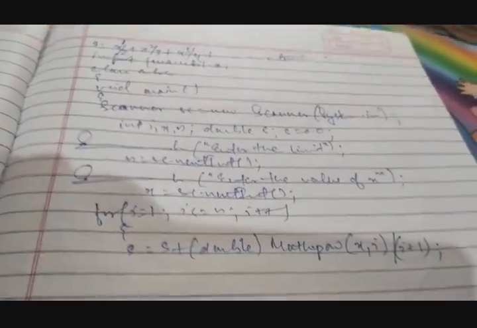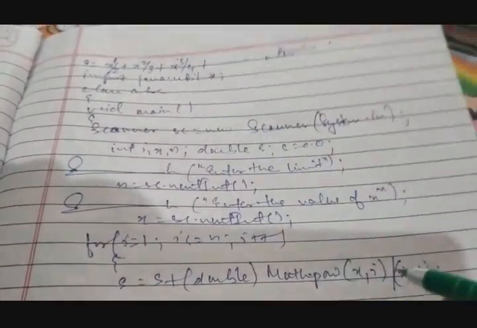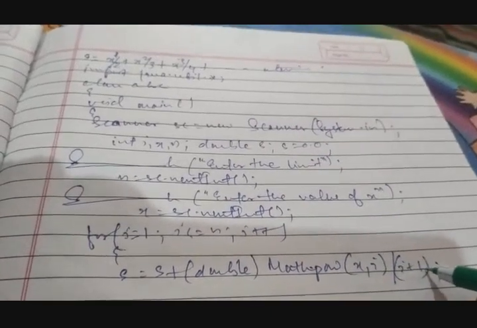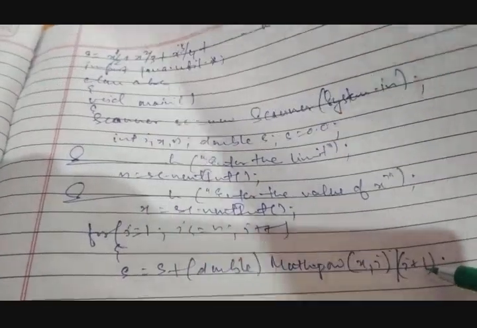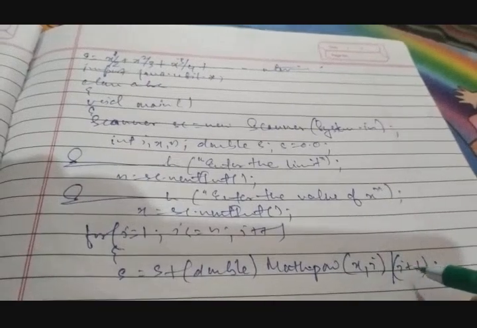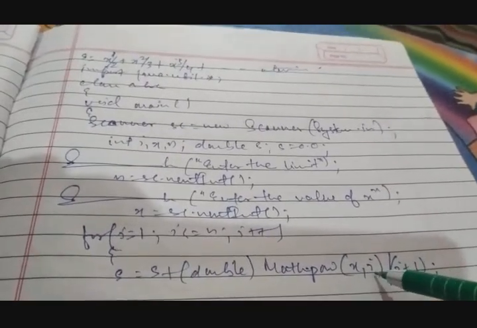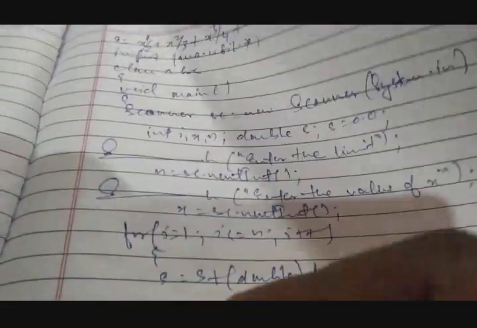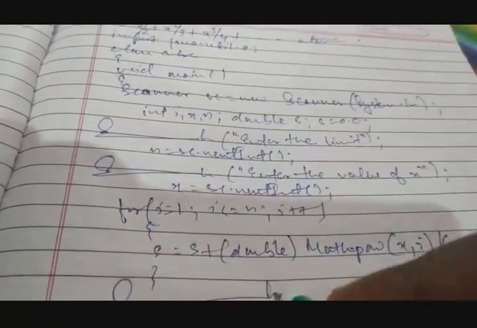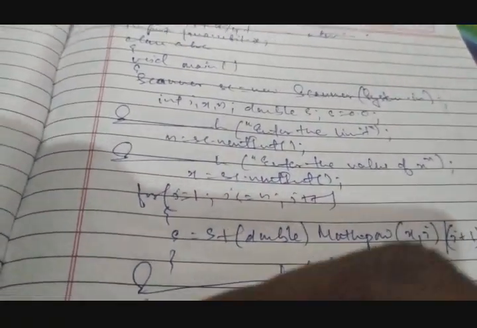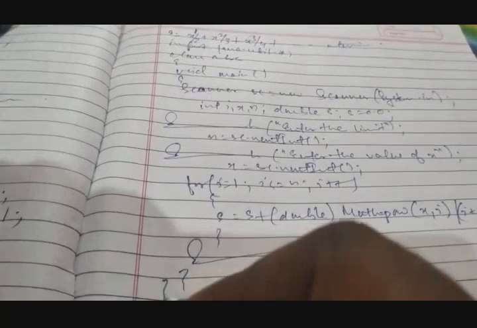This is the logic. i's value 1, 1 plus 1 is 2, x to the power 1 upon 2, x to the power 2 upon 3, x to the power 3 upon 4. Print s, main close, class close.